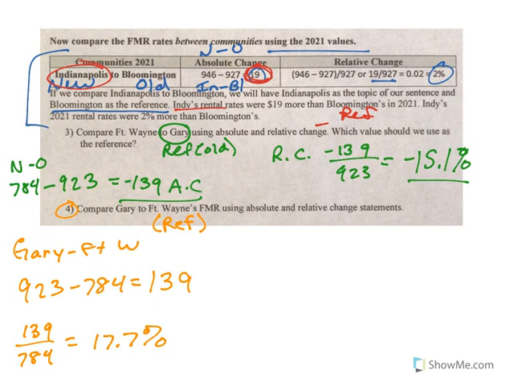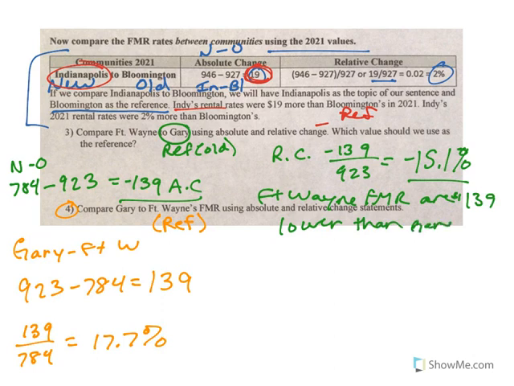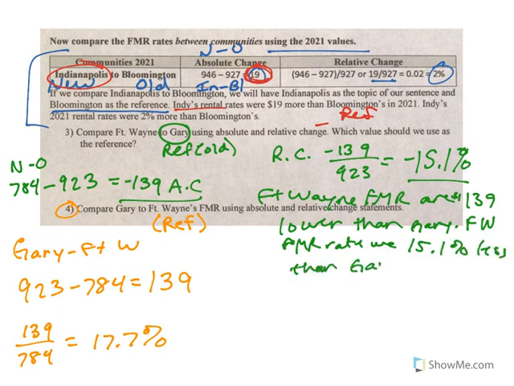So in number 3, I'm coming back up here to number 3. Fort Wayne fair market rental rates are $139 lower or cheaper than Gary, right? So that means Fort Wayne fair market rental rates were 15.1% less than Gary. All right, so that's when we're using Gary as the reference.